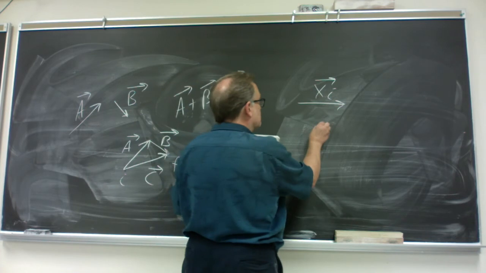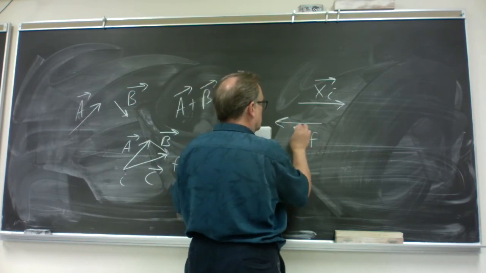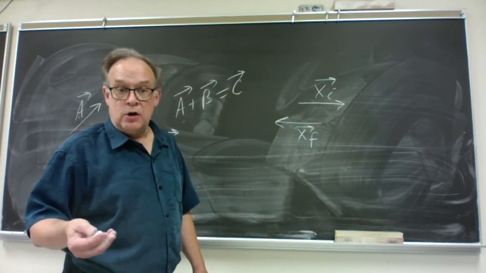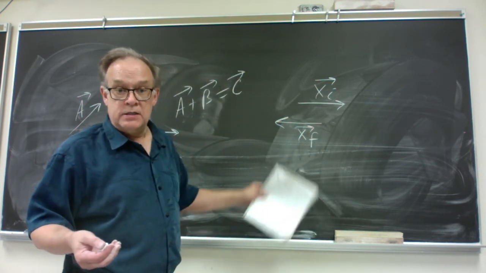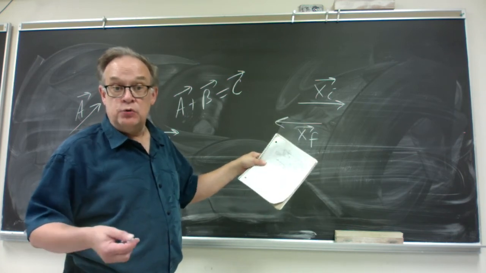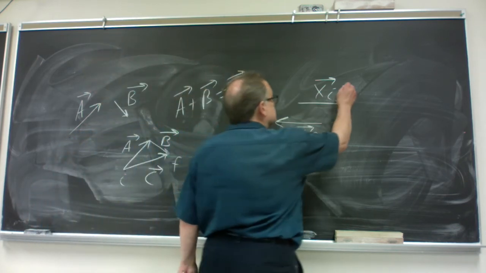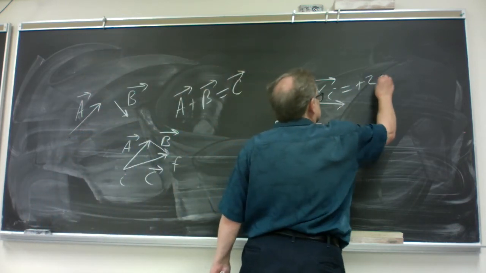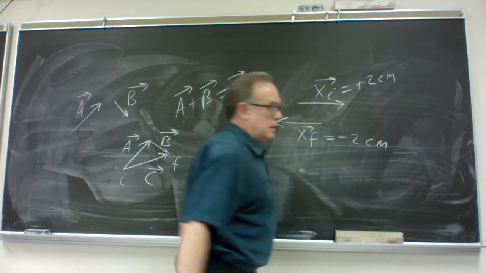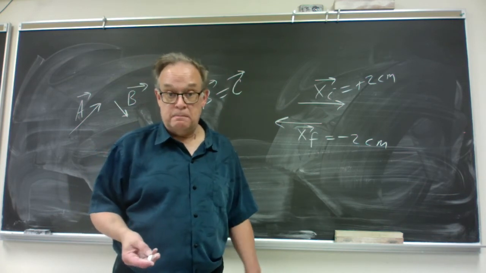And then the final location, -2 centimeters, is an arrow that's equally long because x final, -2, has the same magnitude as x initial, +2. And opposite signs, so they point in opposite directions.